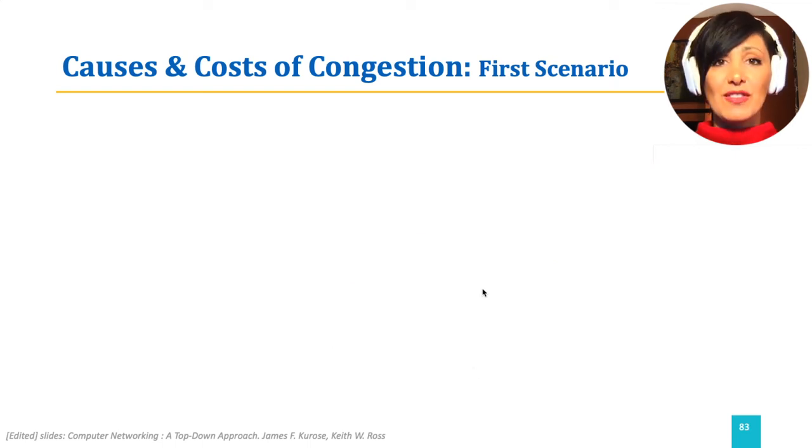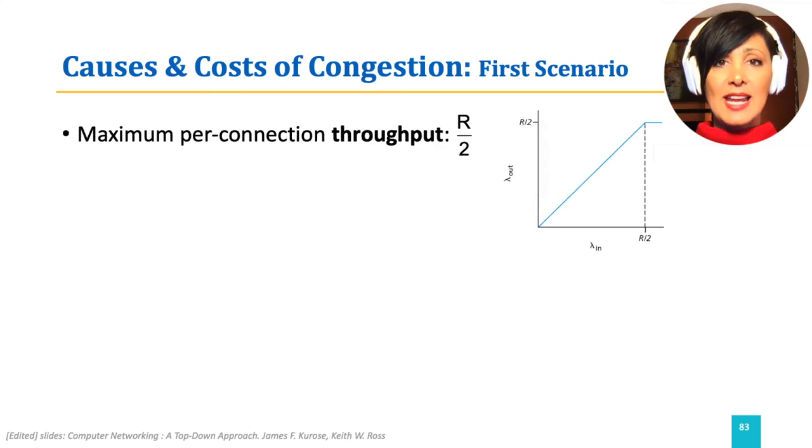Assuming both of the senders are sending at rate lambda in, the graph in the figure shows the per connection throughput for each of these connections. With the increase in the lambda in, the lambda out received at the receiver side will increase until the transmission rate reaches half of the outgoing link capacity of the router.